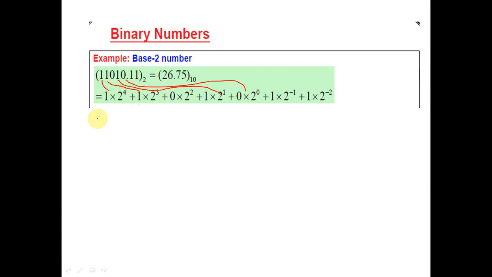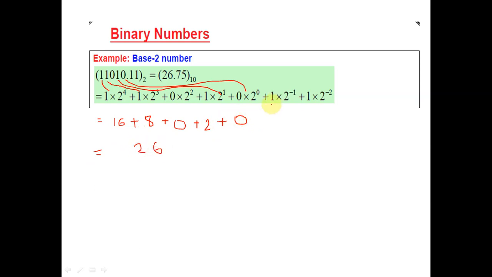Now 2 raised to 4 is 16, plus 2 raised to 3 is 8, plus 0, plus 2 raised to 1 is 2, plus 0. So the total answer is 26.